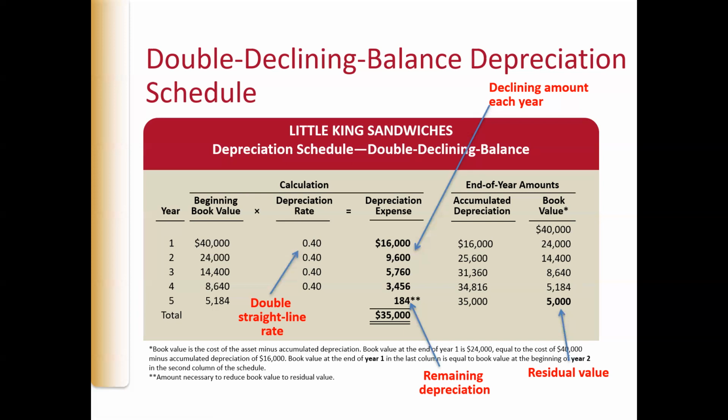We then take 8,640 times 40% to get our depreciation for year 4. We continue to do the same thing. Here's the catch. If our residual value is 5,000, we cannot go below our residual value. So if we take 5,184 times 40%, we would go below 5,000. We can't. So in year 5 we take the depreciation expense to just hit the residual value of $5,000.